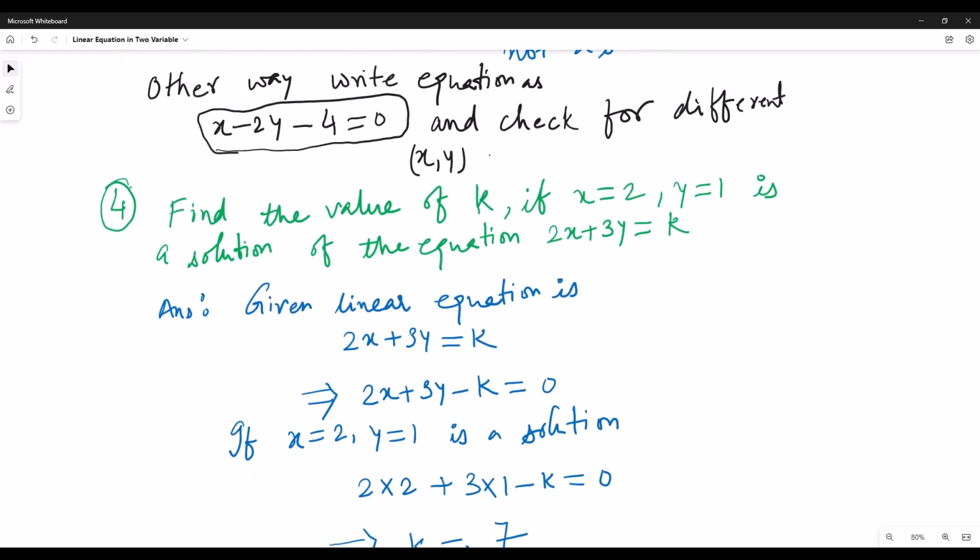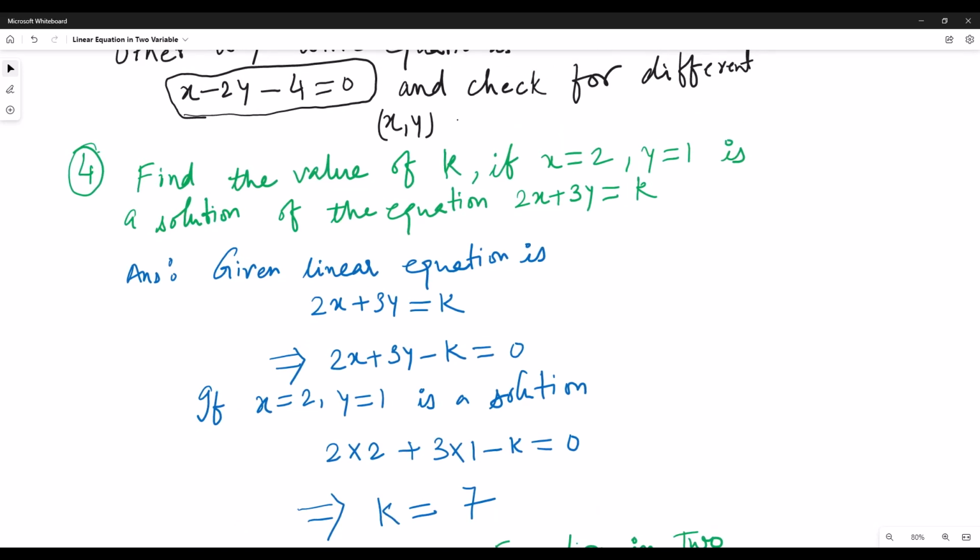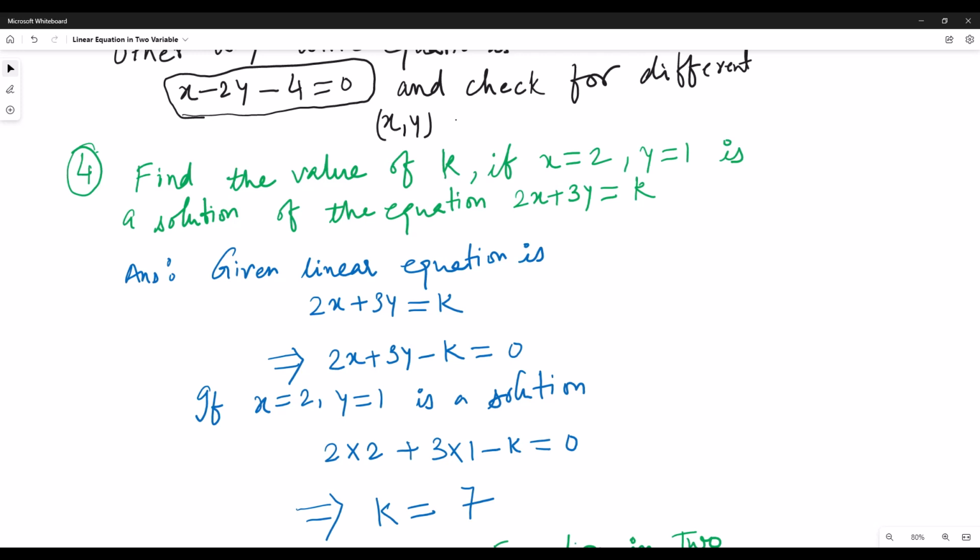Find the value of k if x equals 2 and y equals 1 is a solution of the equation 2x plus 3y equals k. For x equals 2 and y equals 1 to be a solution of this equation, what will be the value of k? We already know that (2, 1) is a solution, so we put x as 2 and y as 1 and see the value of k.